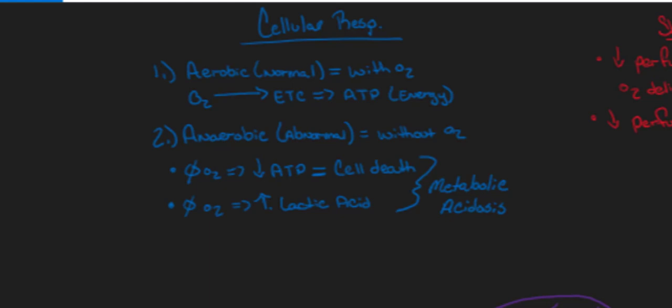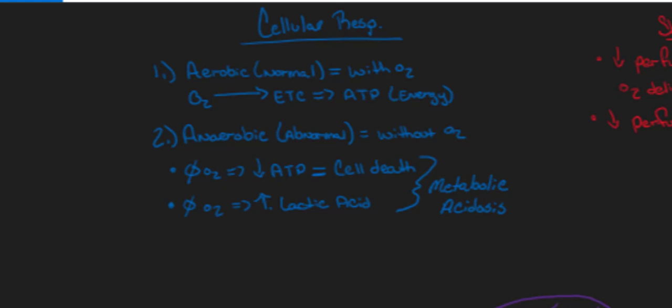Secondary to that, you also have, due to decreased O2, a buildup of lactic acid. So now if you go back to number 1, normal cellular respiration, once O2 is broken down and all that, you form water and CO2. That's normal byproducts of cellular respiration in the aerobic state. In the anaerobic state, the byproduct of cellular metabolism is lactic acid instead of CO2.